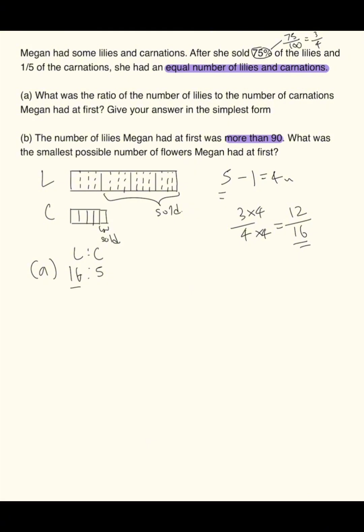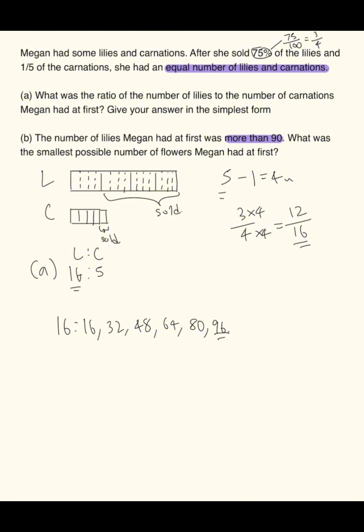Because lilies have 16 in the ratio. So we'll list multiples of 16: 16, 32, 48, 64, then we'll get 80 and 96. Now this is more than 90.